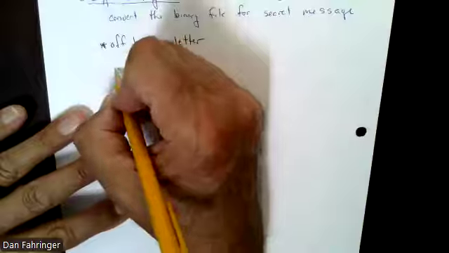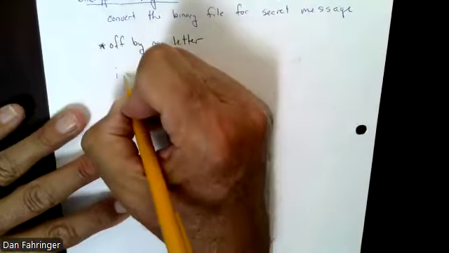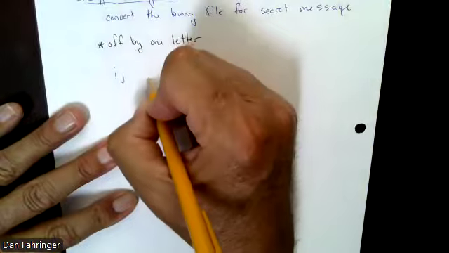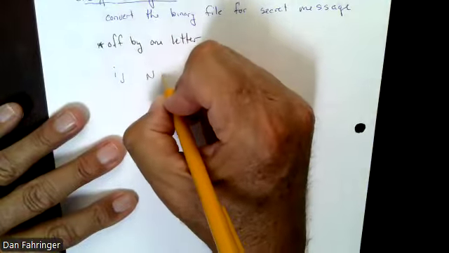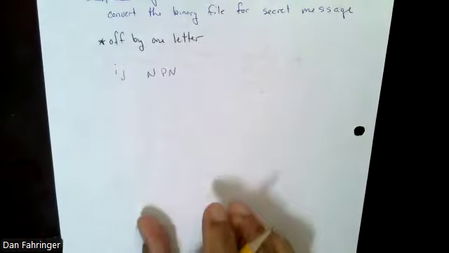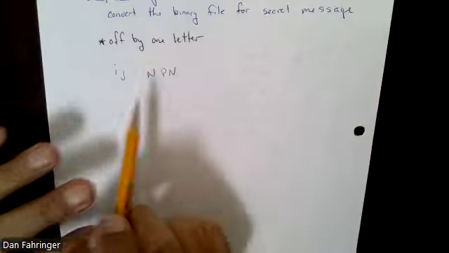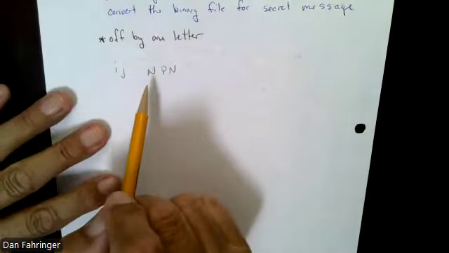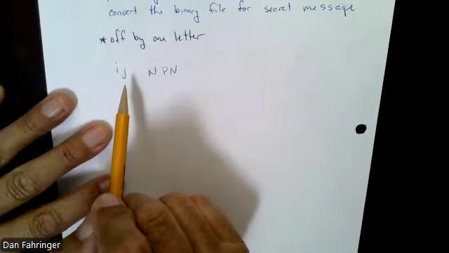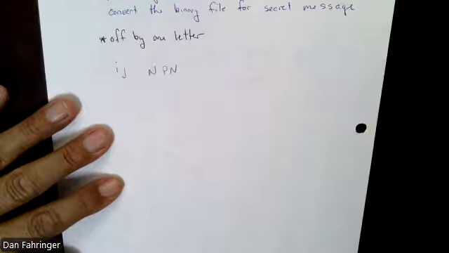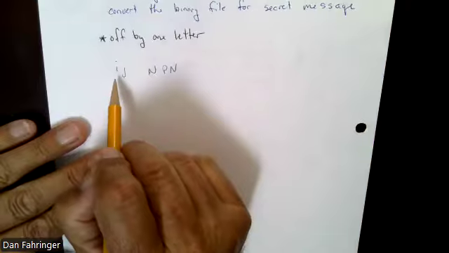Well, the characters might look like I, J, space, N, P, N. And you're going, well, what do you mean that's a secret message? Well, it is because this is off by one ASCII number. In this case, what's before I?